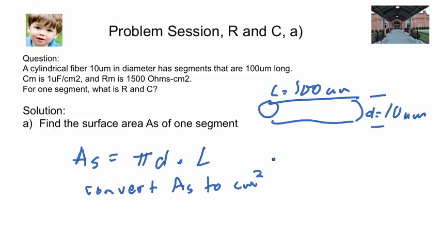Probably the easiest way to do the conversion is by putting in a value of D and L in centimeters rather than as micrometers. If you figure out the relation between those, I think it's 10 to the minus 4th, then you should get the surface area in centimeter squared. I'll leave it to you to complete that calculation if you would.